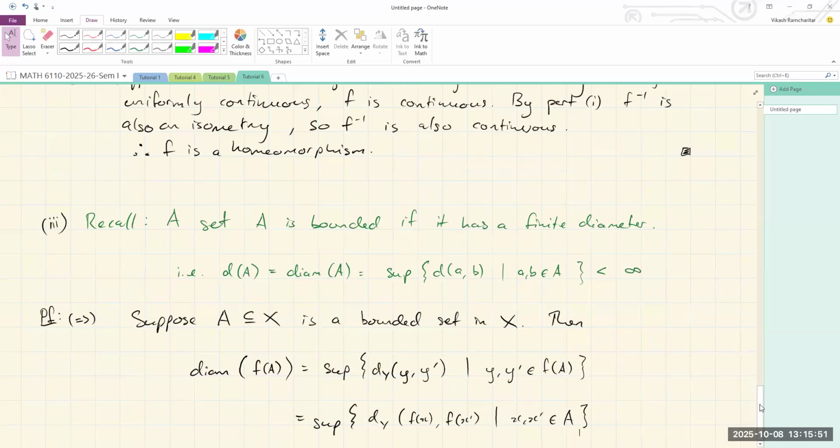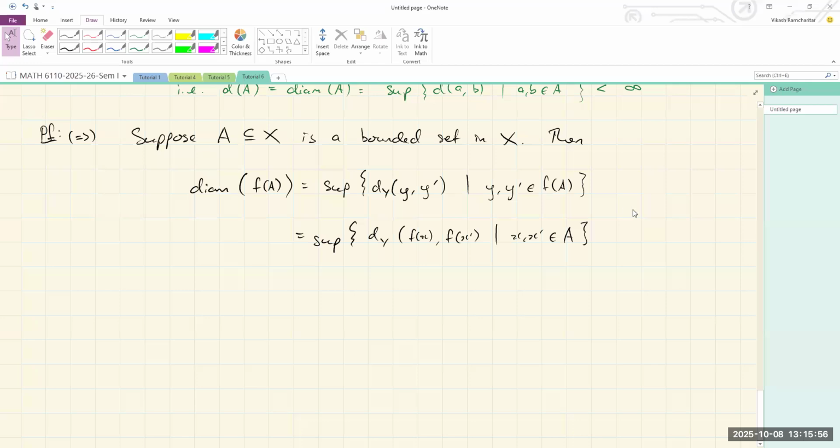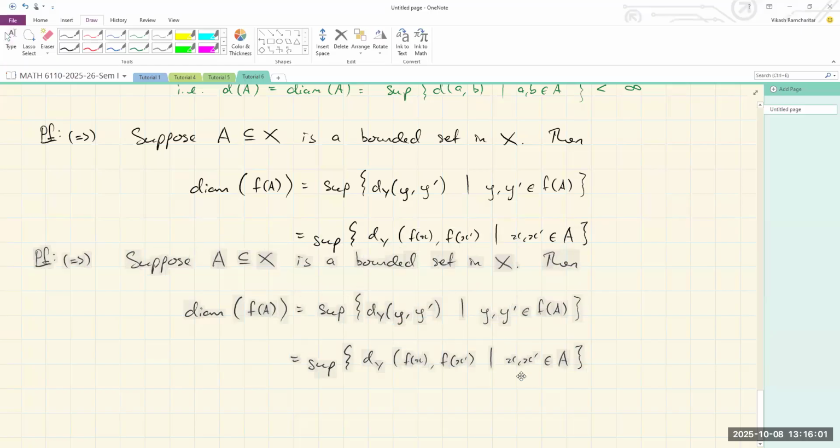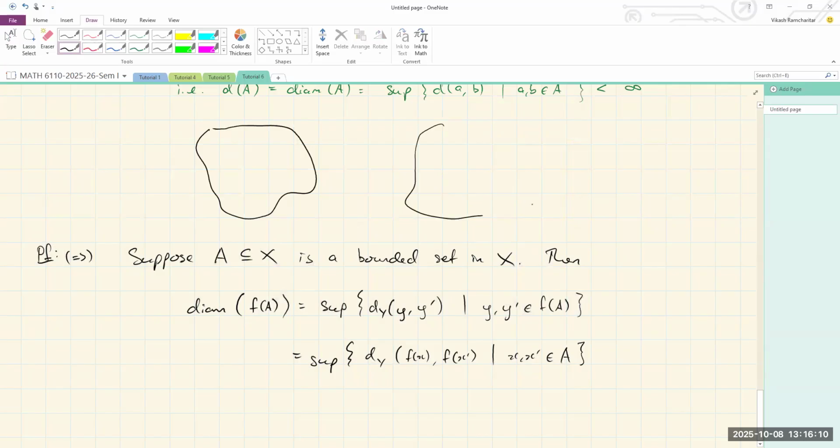Maybe I should draw a picture to show this. Yeah, it's always good to draw a picture whenever you can. Of course, the picture is not the proof in analysis, but the picture helps us to figure out exactly what is going on. And from the picture, we can then construct the proof. So this is X, this is Y, this is f, and this is the set A. It's bounded.